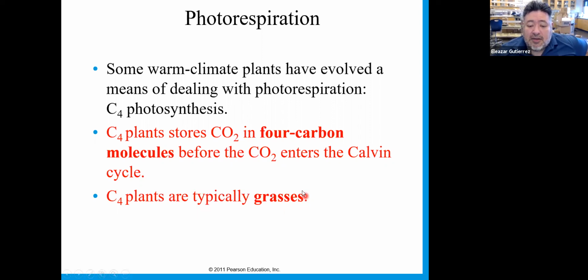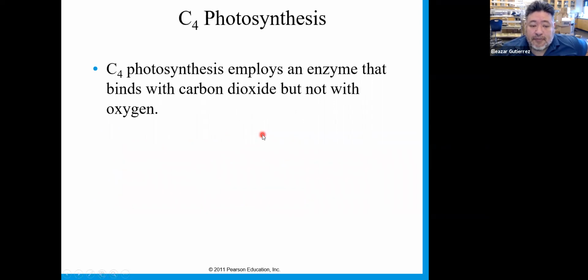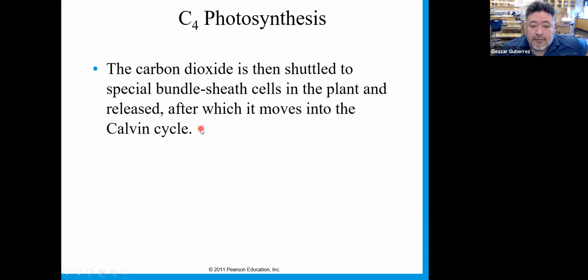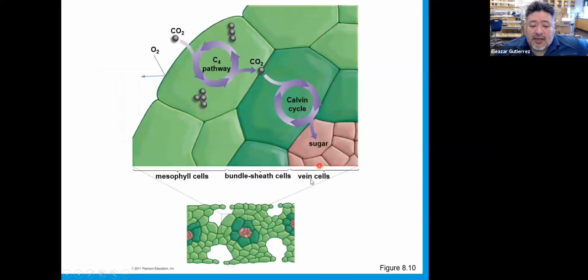Okay, so plants that are grasses are typically C4 plants, and they live in relatively warm areas. So this carbon dioxide is shuttled to a special place. It's called the bundle sheath cell right here. Okay, so notice what's going on. Carbon dioxide enters.